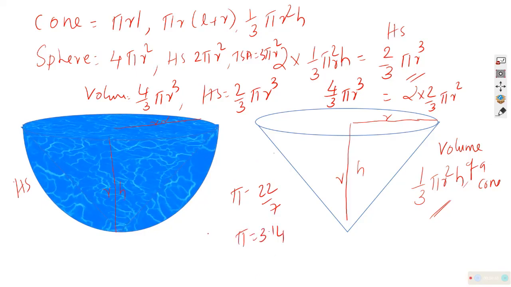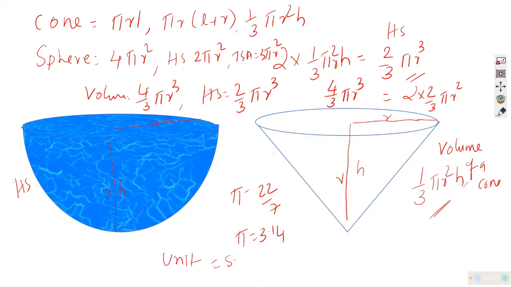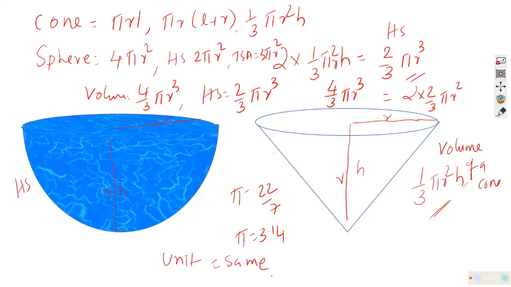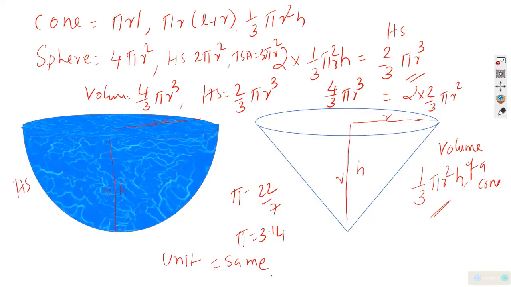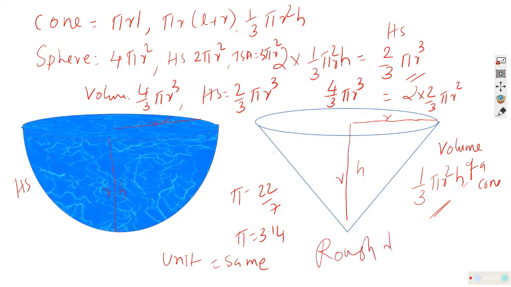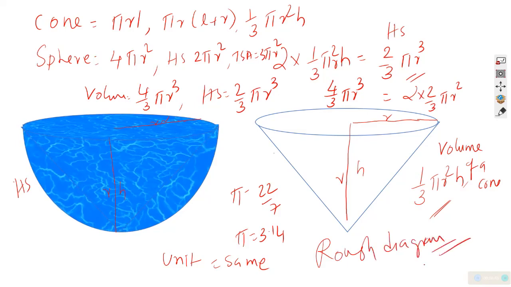Whenever you are doing problems related to this kind of question, the units should be checked, the units should be the same. Unit means if centimeter, then all centimeter; if millimeter, then all millimeter. And most important, you should draw a rough diagram, if not given, before starting the exercise or solving the problem.